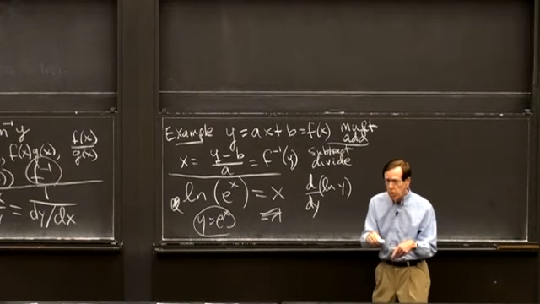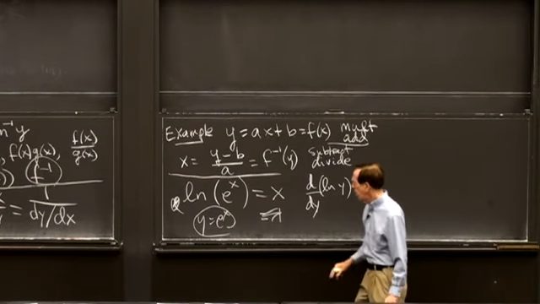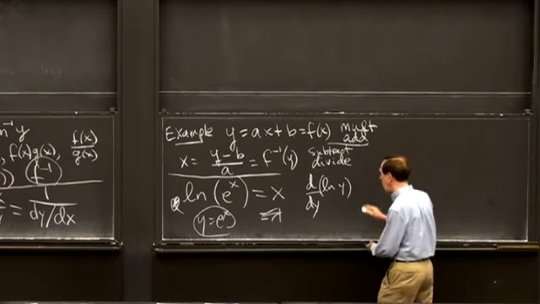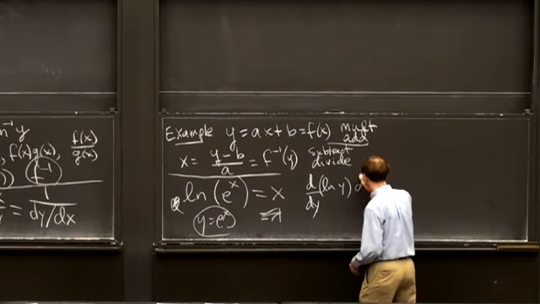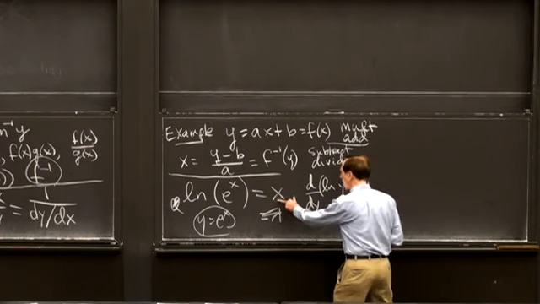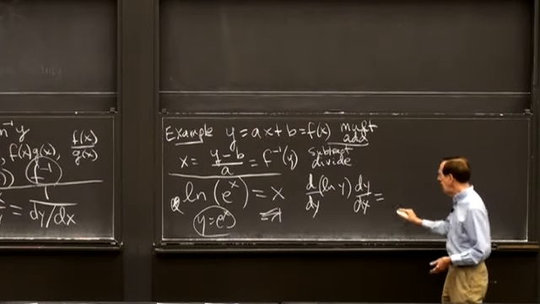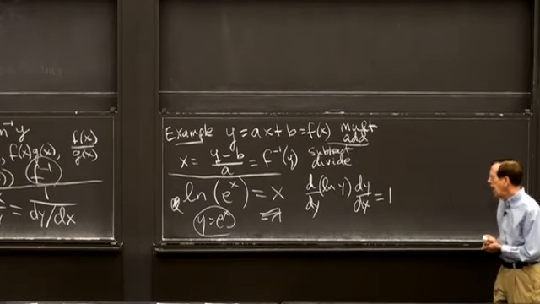But then I have to, as the chain rule tells me, take the derivative of what's inside. What's inside is e to the x, so I have dy dx. And the derivative on the right-hand side, the neat point here is that the x derivative of that is 1. Okay.